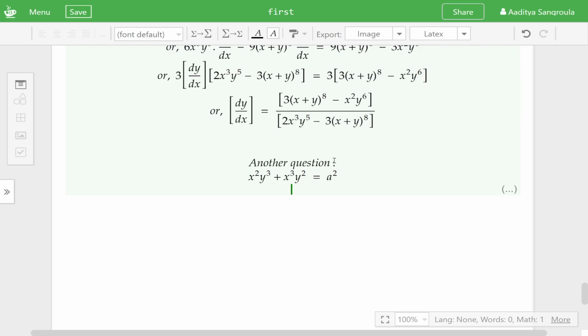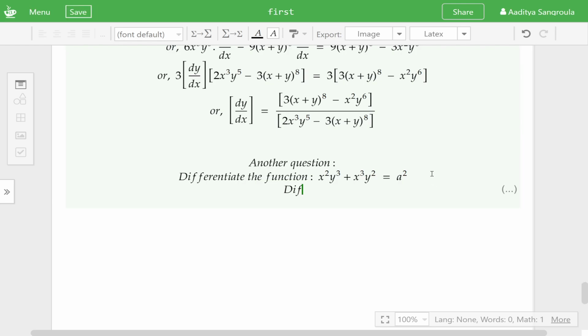Alright, so this is the question. So it needs to be differentiated as well. So we need to find dy over dx.